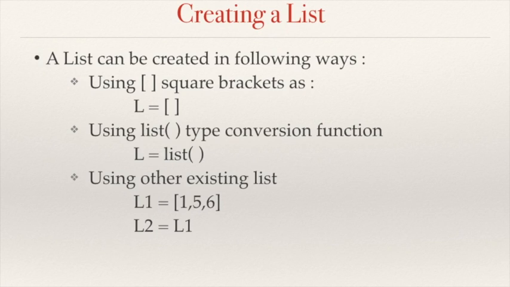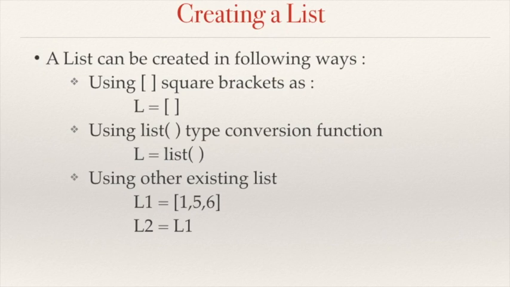Now let us come to the creation of a list. A list can be created using 3 types of syntax as shown on the screen. The first syntax associates a variable name to a list if it is assigned an empty square bracket. In the second syntax, you may observe that the function list is used to create a list and associate it to a variable name.